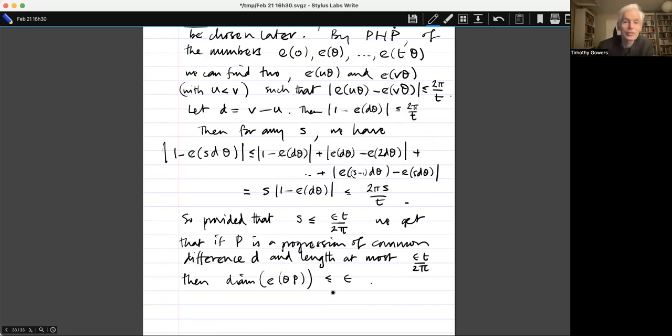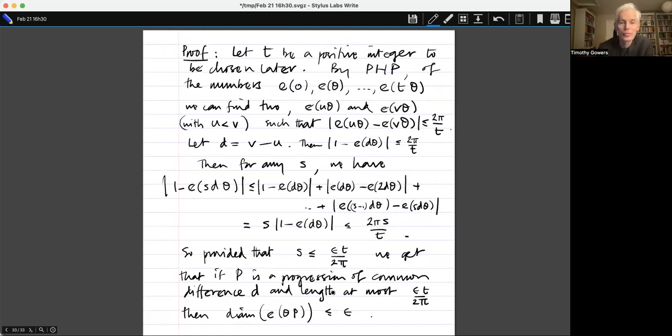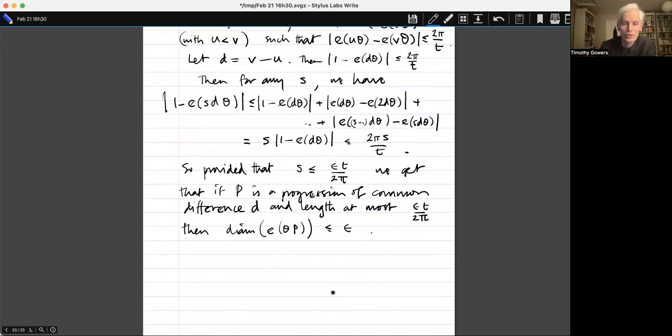So we'll be fine as long as we can partition the numbers from 1 to n into progressions of common difference d and length at most epsilon t over 2 pi. So it's rather obvious how we do that. We just take the numbers 1 to n, or obviously how we're going to try to do it anyway. And we first of all partition into residue classes mod d.